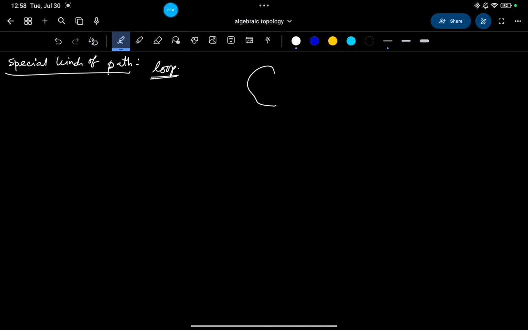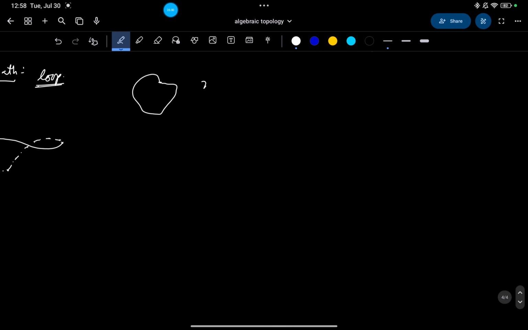What's a loop? Just fix a point, traverse like this, and come back here. Suppose you have a particular path like this, and then join the final and initial points at a certain point. That is a loop.